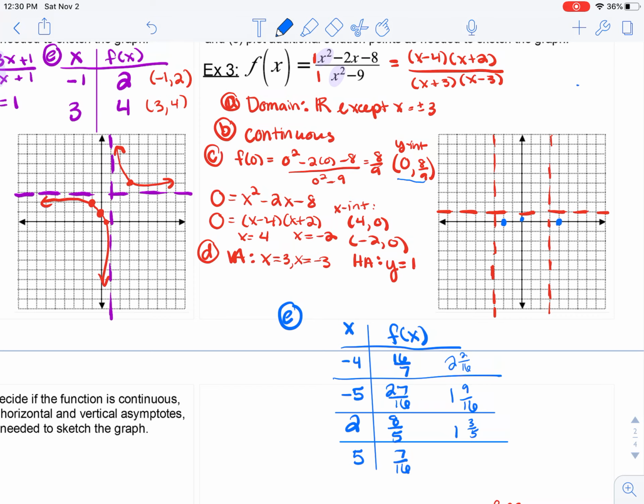Okay, so let's plot negative 4 and then 2 and some change. So to the left 4, up 2 and a bit. Negative 5 is 1 and 9/16. Excuse me, so negative 4 was positive 2 and 2/16.